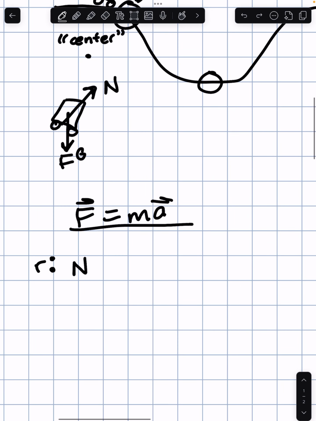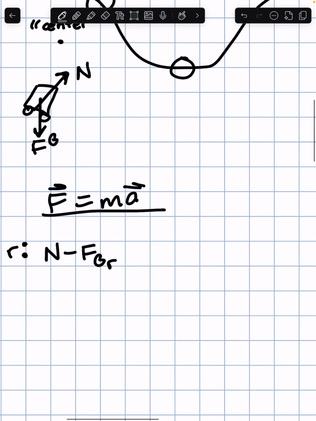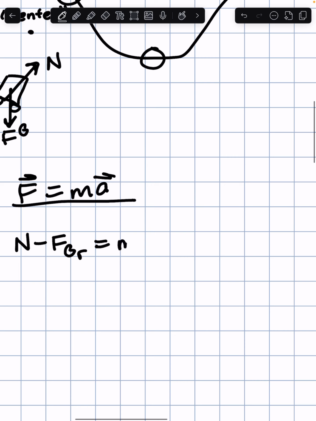So because we're looking at this qualitatively and we're not going to actually solve for it, I will write minus Fg radial, which will equal our centripetal acceleration, m a_c, which, I should write negative there because it's directed inward, which equals negative mv squared over r.